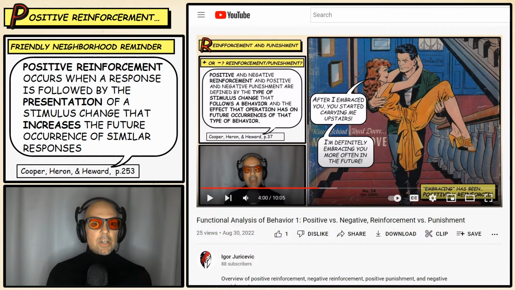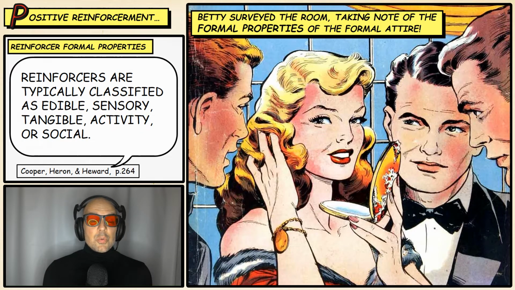So the response occurs, the consequence follows. If that consequence is positive reinforcement, then that response is going to increase in the future. So that is the key hallmark of reinforcement, that it increases in the future, and it's positive because something is presented.